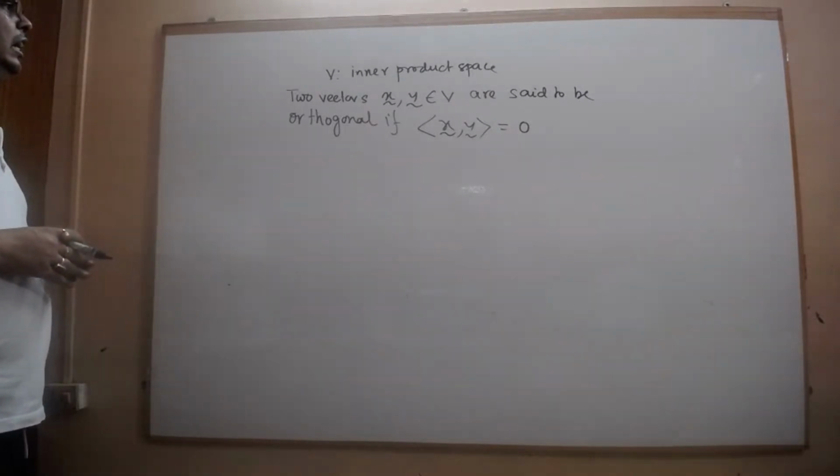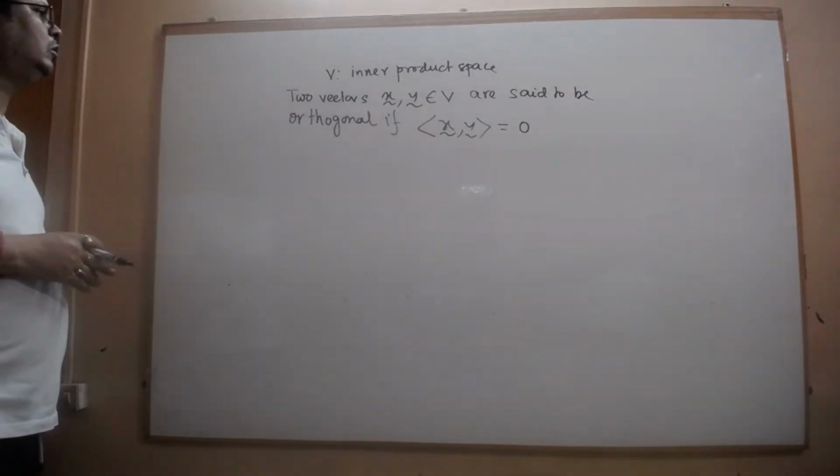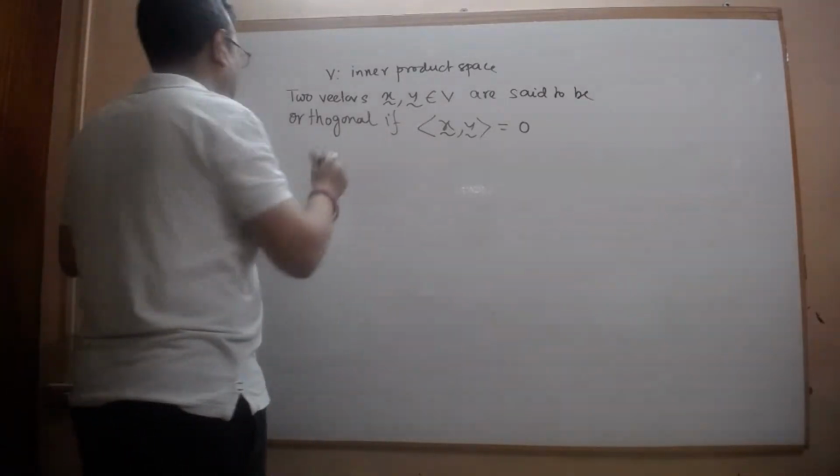So two vectors x curl, y curl belonging to V are said to be orthogonal if this happens.